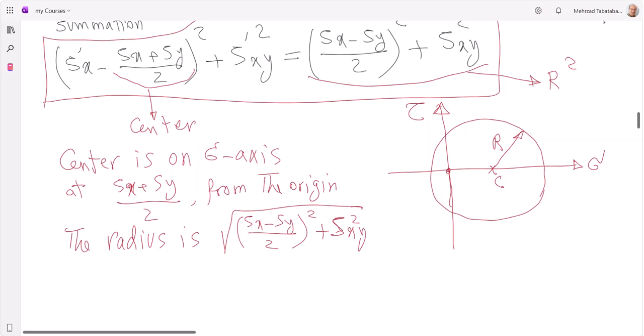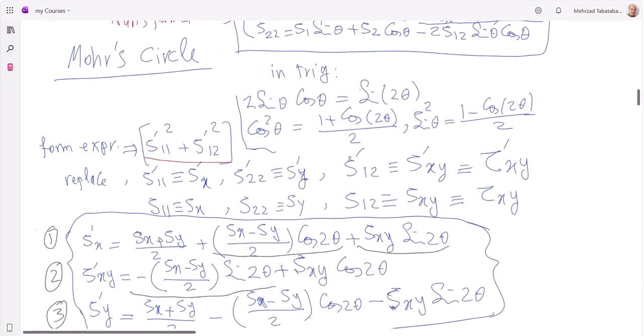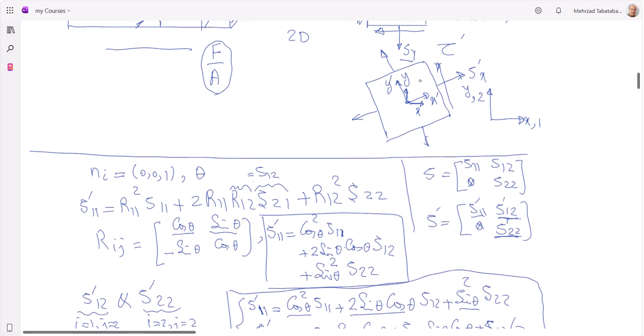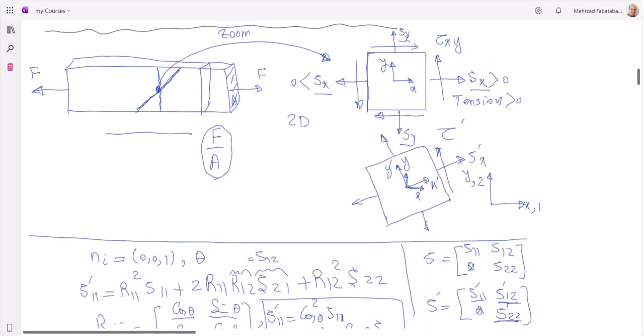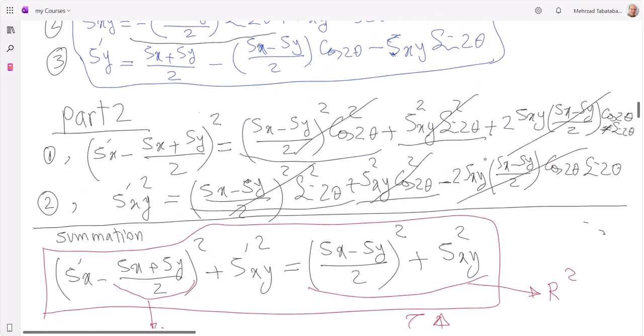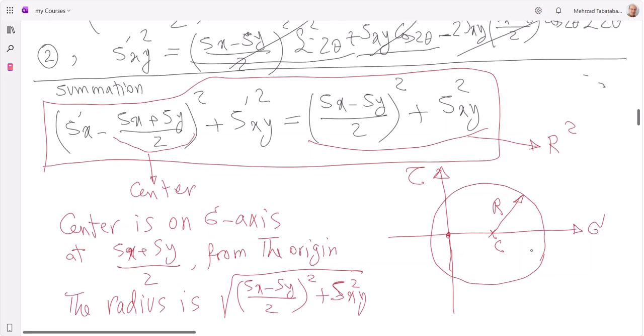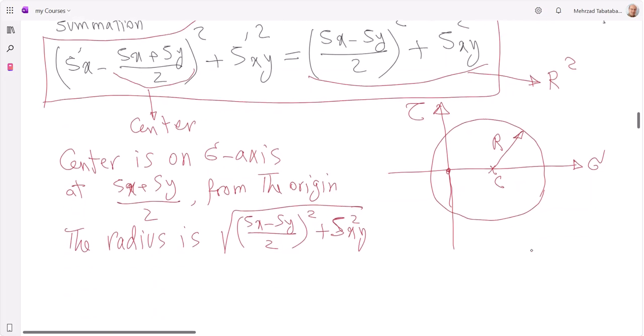Now, this circle is based on a given initial state of stress that we initially identify here: Sx, Sy, tau xy. So we need 3 numbers to build this. Once built, any point on this circle represents the rotation of the initial stress components.